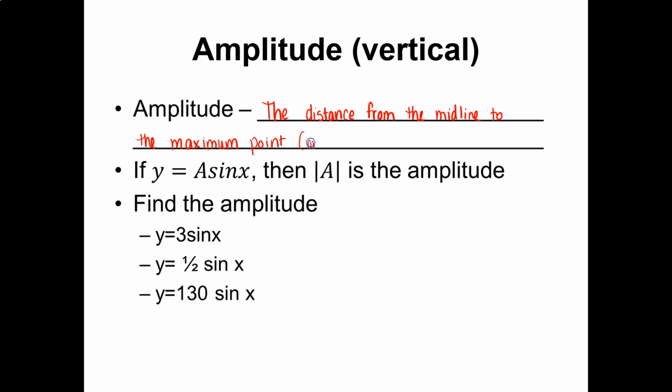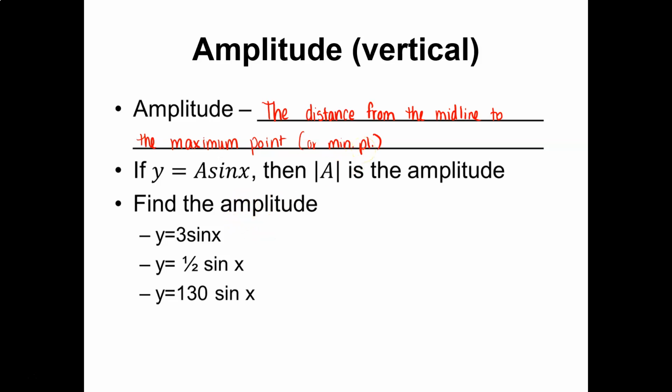Or we could say minimum point. It doesn't really matter here. So these are your vertical expansions and compressions here. So if you think about what that trig function looks like, if you have vertical expansion, it's going to make all of those ridges taller. Right? If you have a compression, it's going to make it shorter.